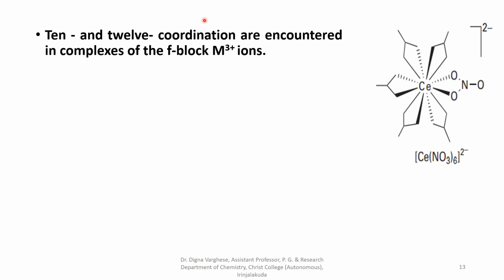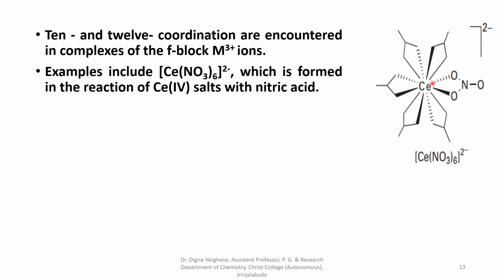Here also you can see the same compound, Ce(NO3)6. The 10 and 12 coordinations are encountered in complexes of the f block M3+ ions. Examples include Ce(NO3)6 2-, which is formed in the reaction of cerium(IV) salts with nitric acid.